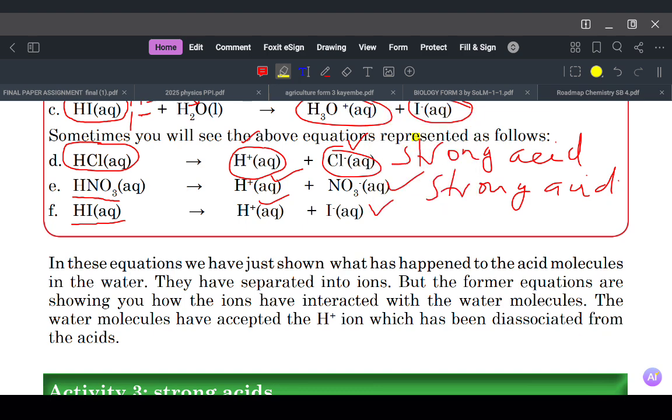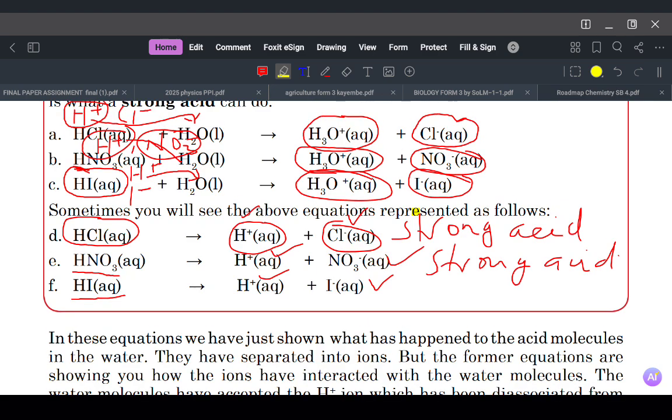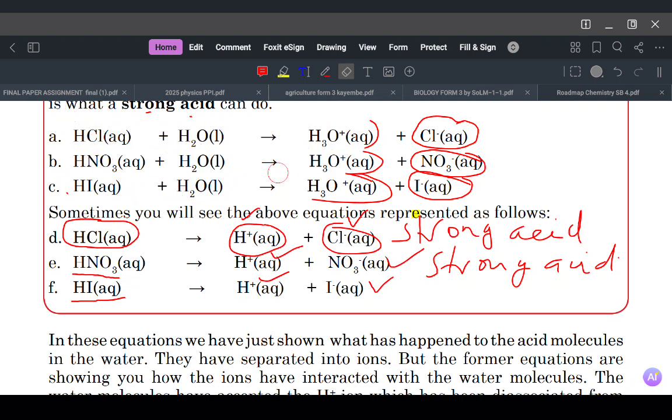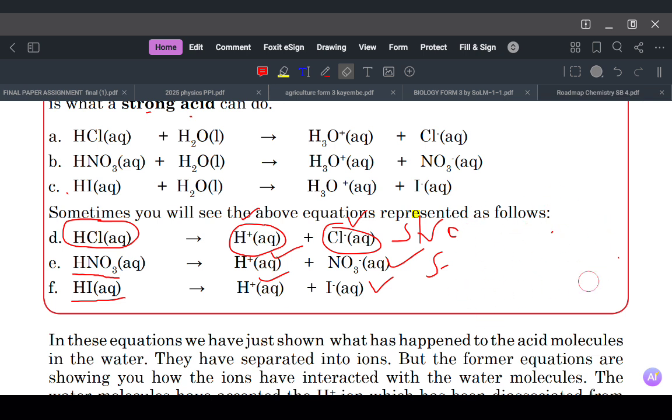In these examples, we've seen how the ions have interacted with the water. The interaction is that the hydrogen that is donated by each acid is gained by water. That's very important to note.